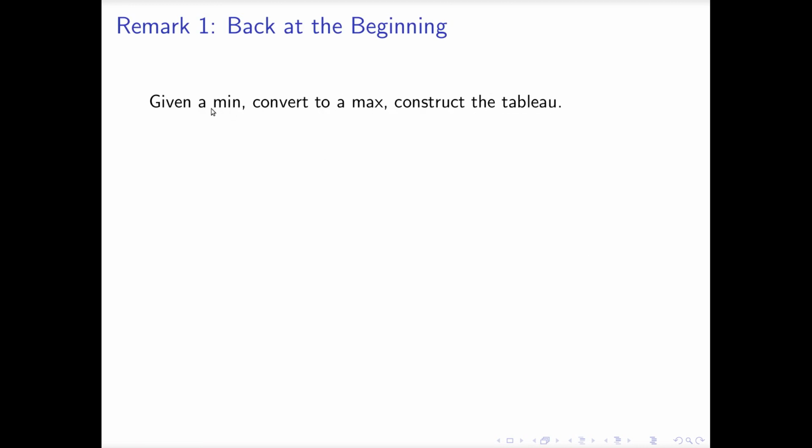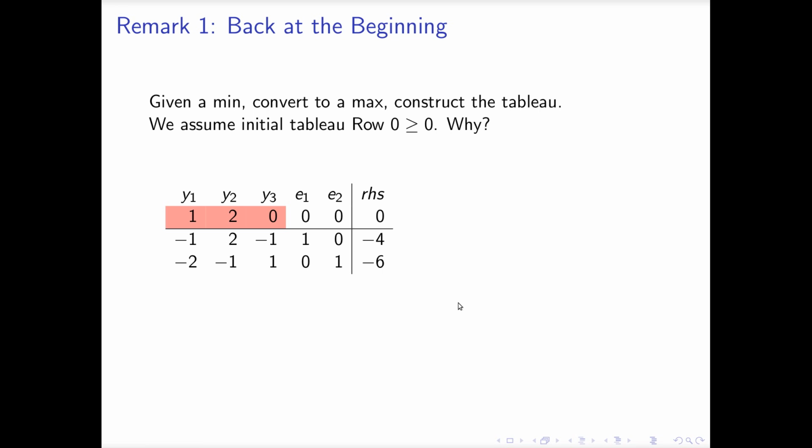And so now just a couple of notes. When we started, we were given a min, we converted to a max, and then we constructed the tableau. Now notice when we did that, we assumed that row 0 is greater than or equal to 0. I wonder why. Just to remind you what we were looking at before, we had this 1, 2, 0 here. Where did it go in the original max problem?